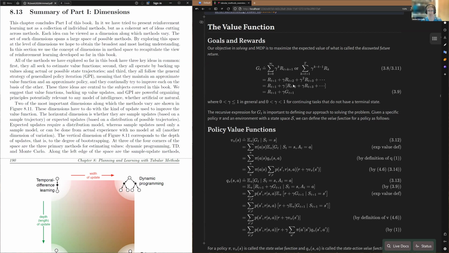This is a very simple derivation, but you can see from this definition that once you isolate the sums at the next time step, those just look like the definition of G at the next time step. So you can create this recursive relationship for G. Does that make sense?